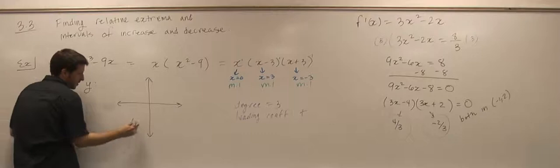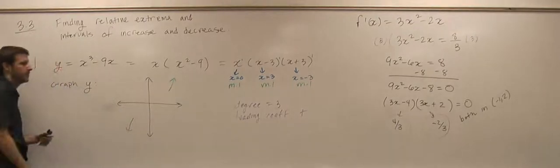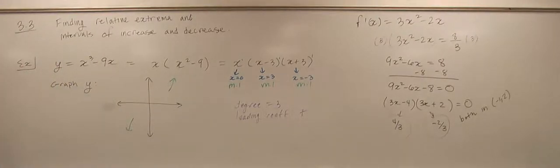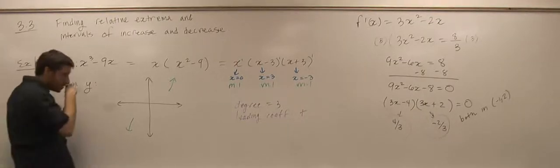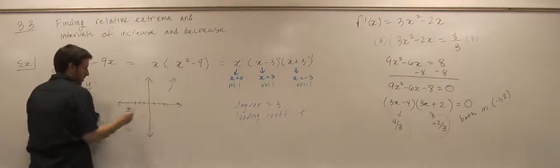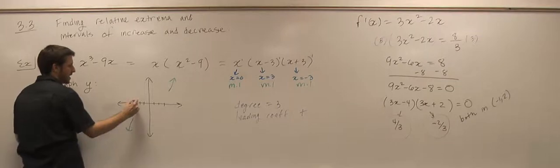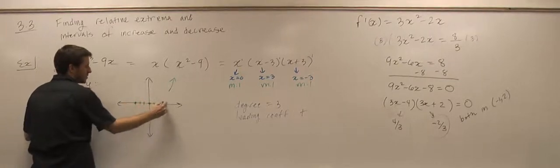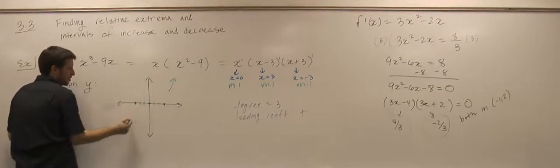Starts down here, ends up here. Because it's degree 3, the end behavior is just like x cubed, because it's positive. So then I put my zeros on, or my x-intercepts. So I have to hit this guy and cross through, I have to hit this guy and cross through, I have to hit this guy and cross through.